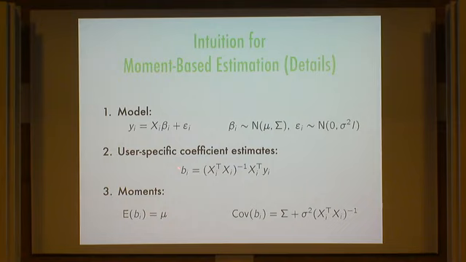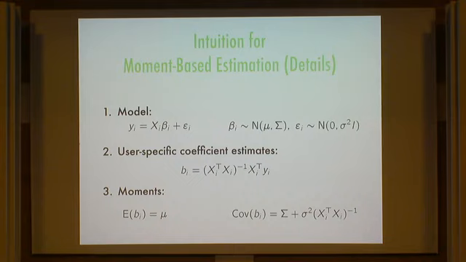Well, its expectation conditional on beta i is equal to beta i, and so its unconditional expectation is just equal to mu. And the covariance of this vector bi has two terms. One is from the population structure here, and the other is the estimation variability.